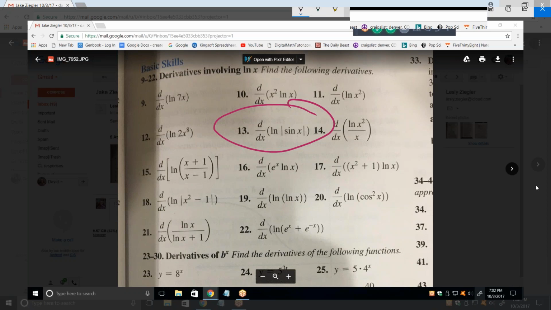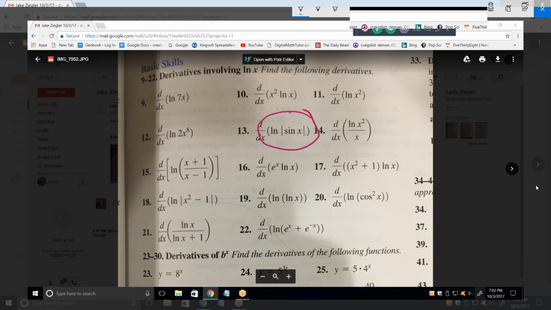Okay, because I'm not 100% sure how to handle the absolute value signs. Let's see if we can figure out how to handle this.